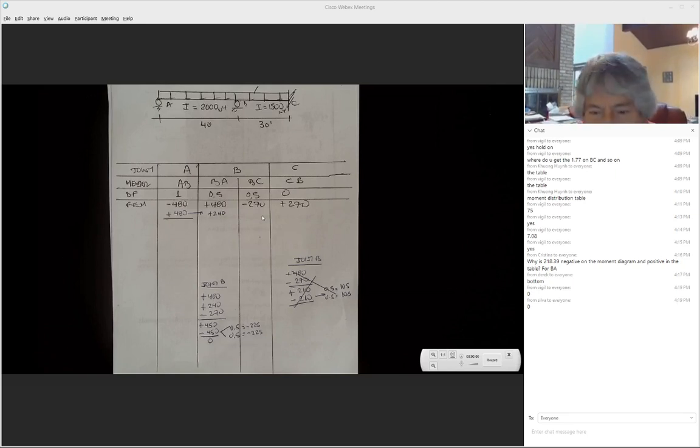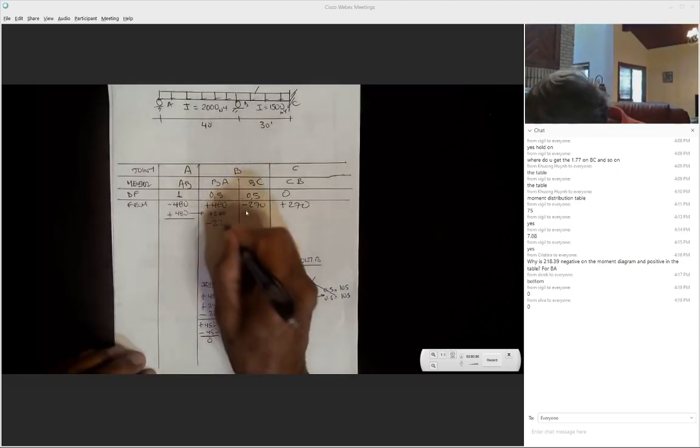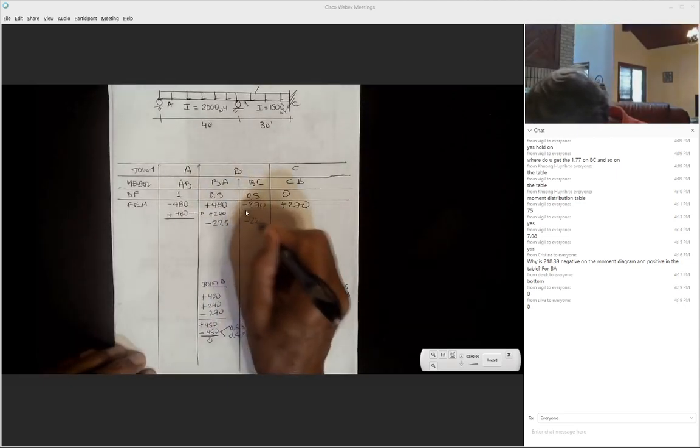To have summation of moments equal to 0, I need to put an equal and opposite. I have plus 450, minus 450, 0. But this minus 450 had to be distributed. That's why it's called moment distribution. Some moment goes to BA, some moment goes to BC. So since we had distribution factor 0.5, I had to put minus 225 and minus 225.